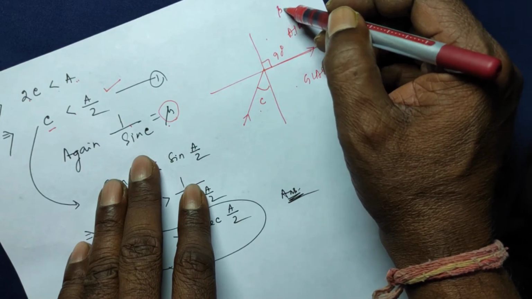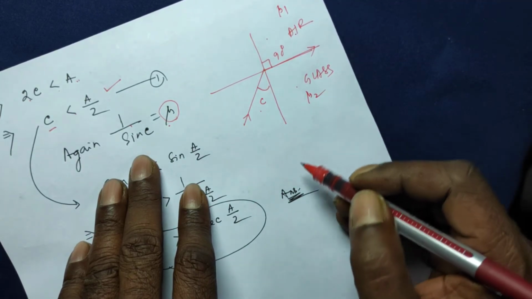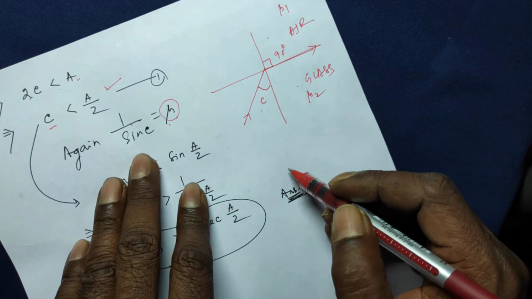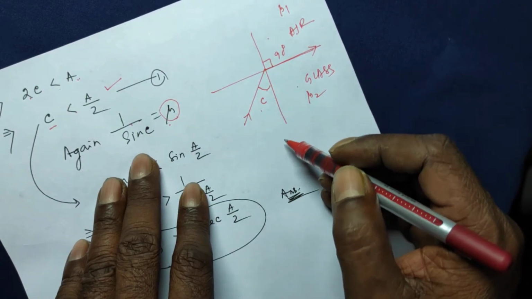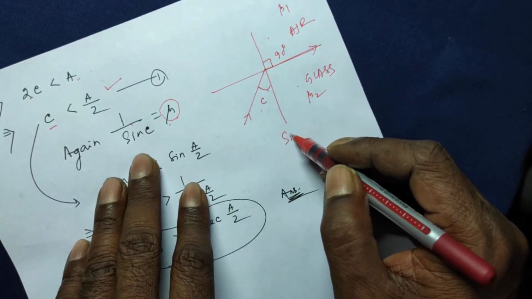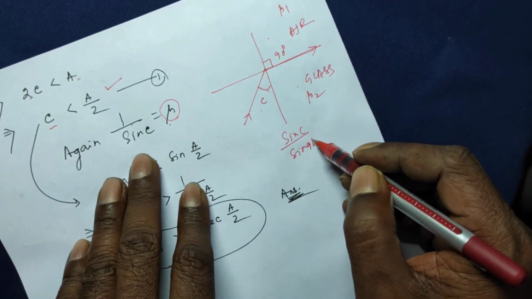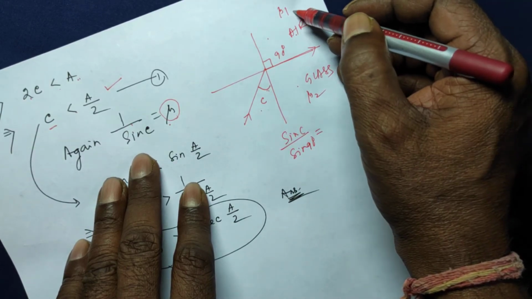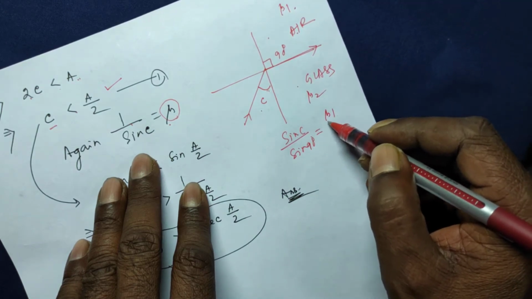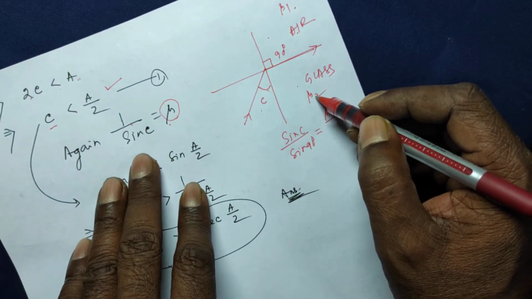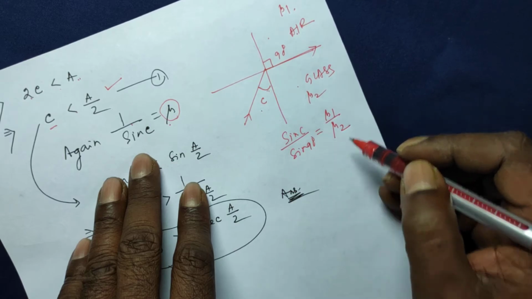Its refractive index is mu1, its refractive index is mu2. Here, if you apply Snell's law, how you should apply: sine C over sine 90 will be equal to the refractive index of the medium to which it is going divided by the refractive index of the medium from which it is coming.